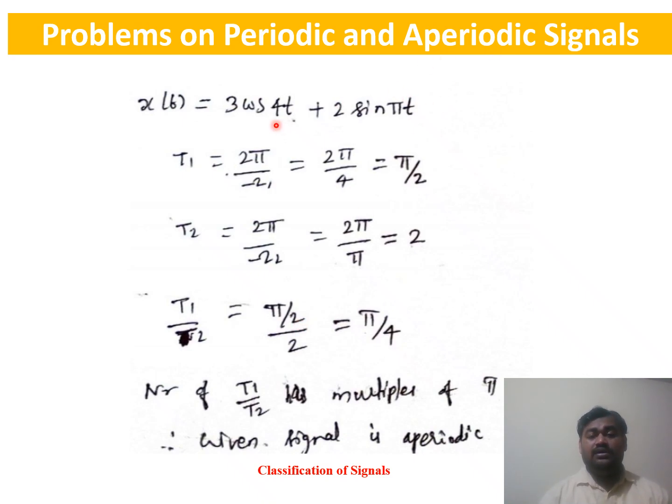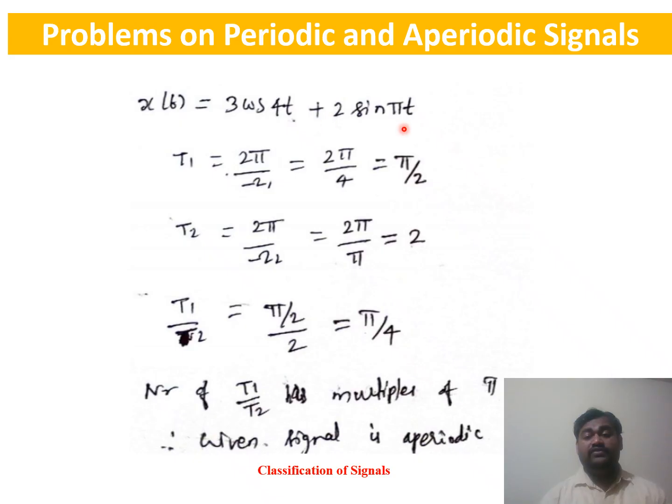Next one: again, consider that this is an integer, and this also is considered as 8. If in both cases, such as 4 and 8, they are integers, we can say the signal is a periodic signal. Similarly, if you have multiples of pi in both signals, again we can consider this as a periodic signal.